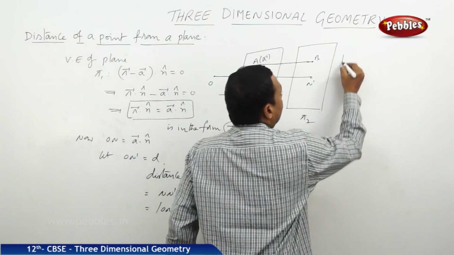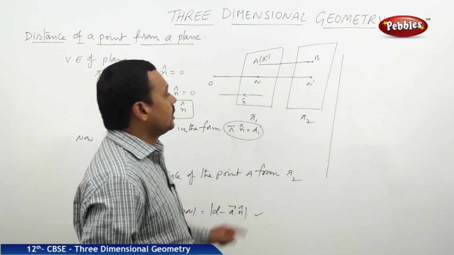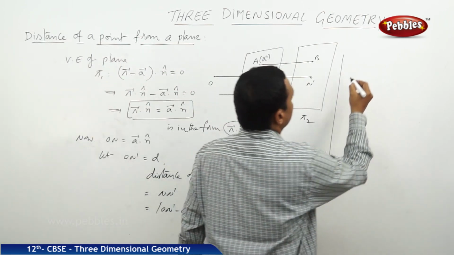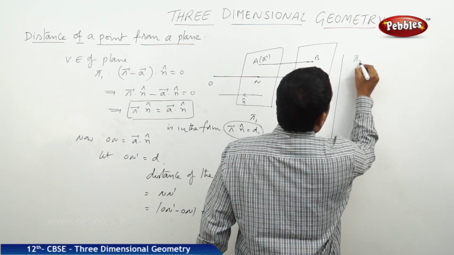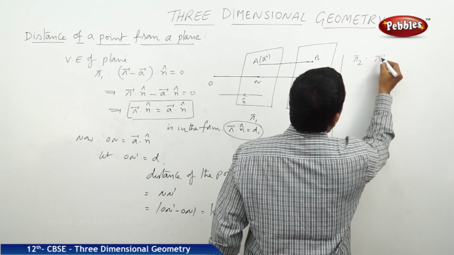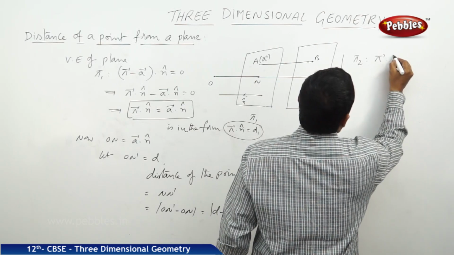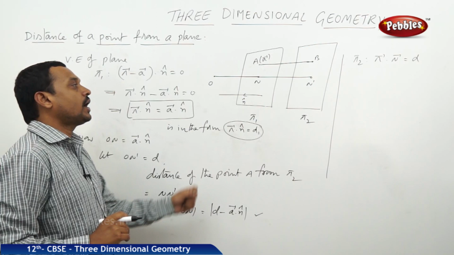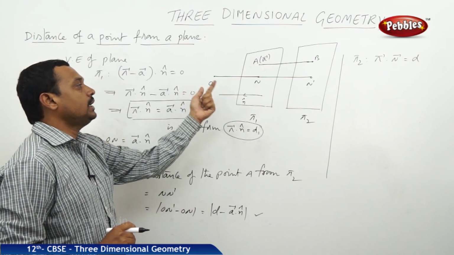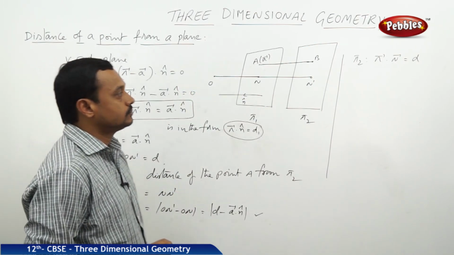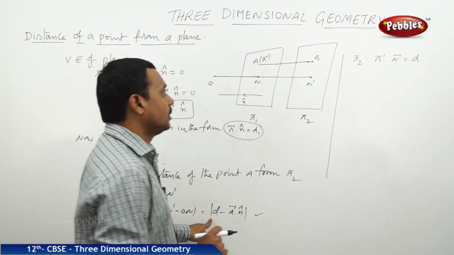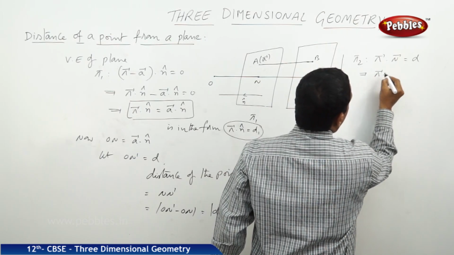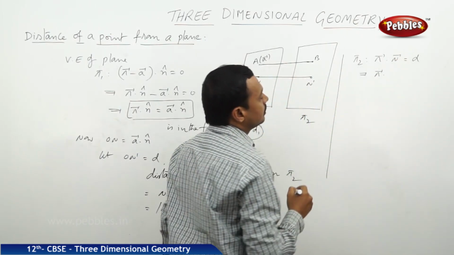Now suppose the second plane pi 2 is of the form r dot n is equal to d, then how to find the distance from the point A to the plane pi 2? So using this formula, right now you see we can write it as r bar dot n bar.